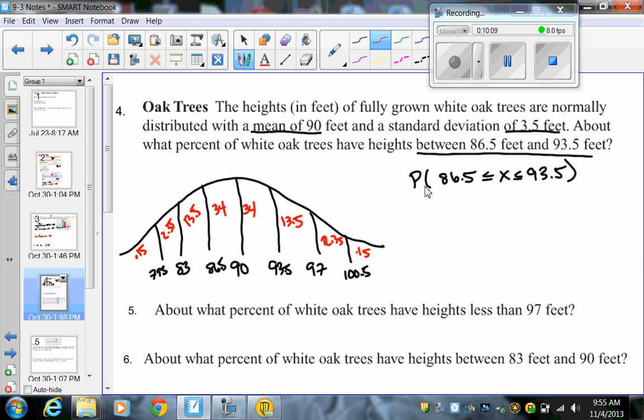Then I can put in my bars so that I know which two numbers I'm looking at. So at 86.5, which is right here, and 93.5, which is right here. The two numbers between there are 34 and 34. So if I add those up, I get 68%.